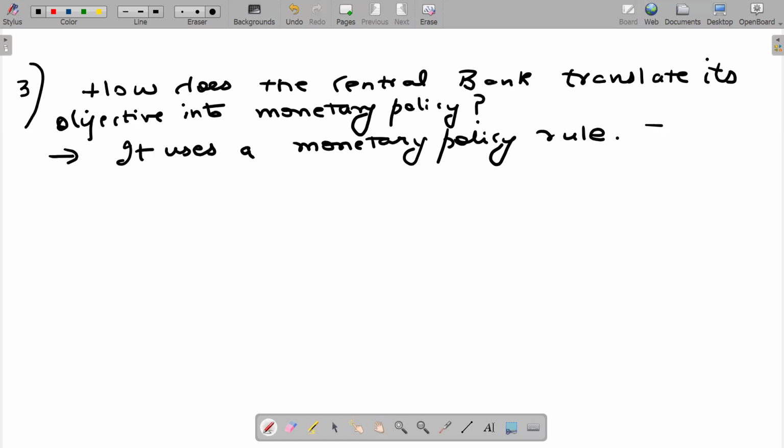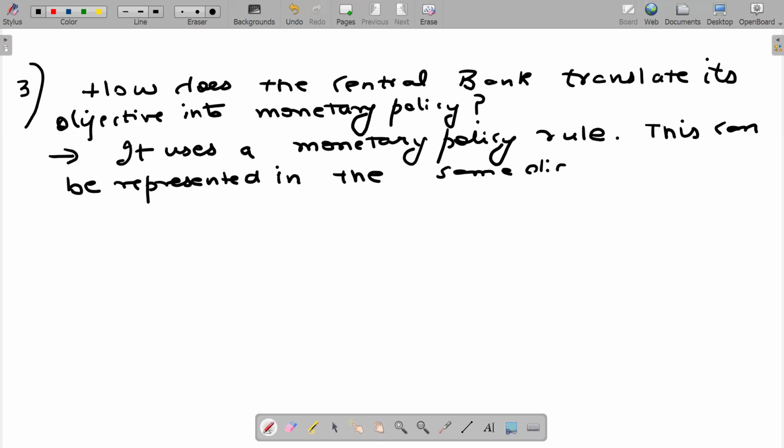This can be represented in the same diagram as the Phillips curve. We are going to draw diagrams in the next lecture.